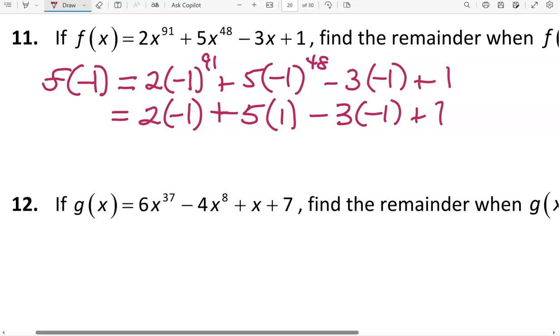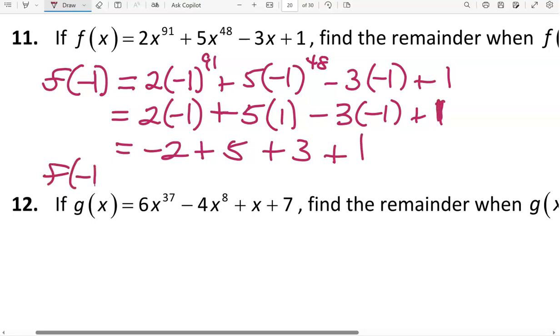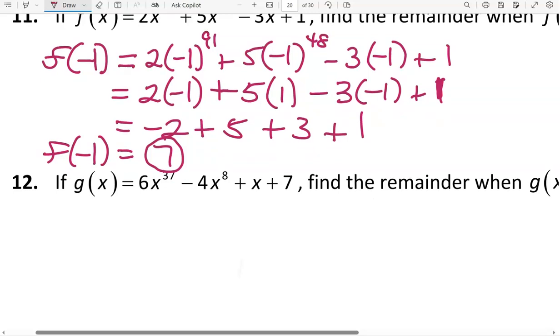Now we can perform our multiplications. Negative 2 plus 5 plus 3 plus 1. And f of negative 1 is equal to 7, so 7 is the remainder.